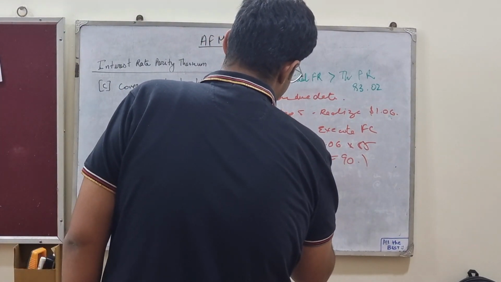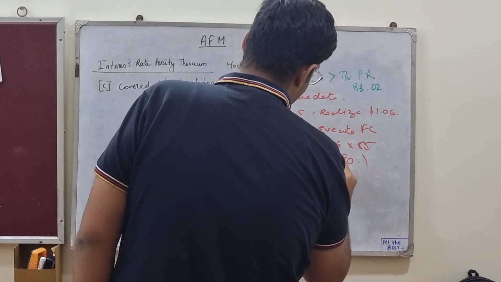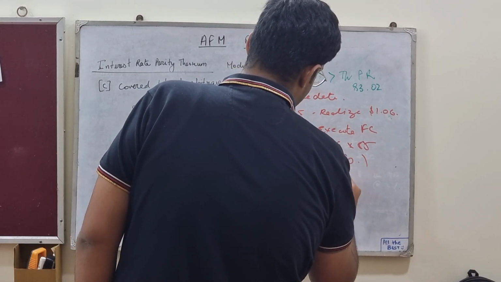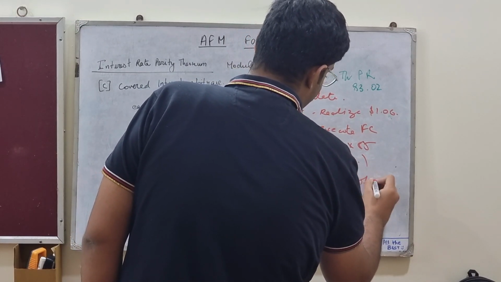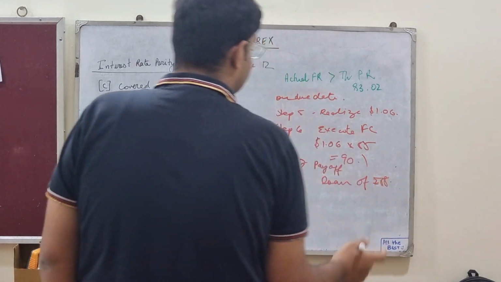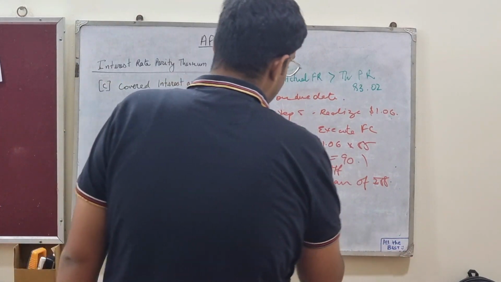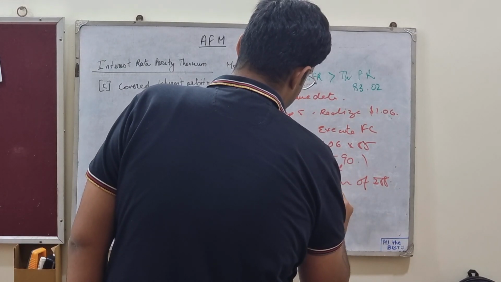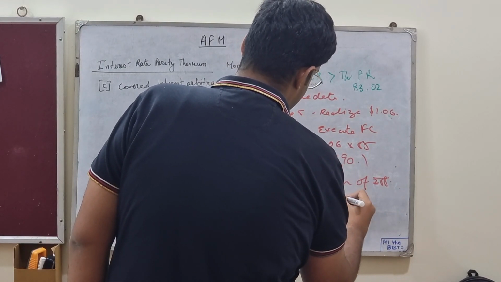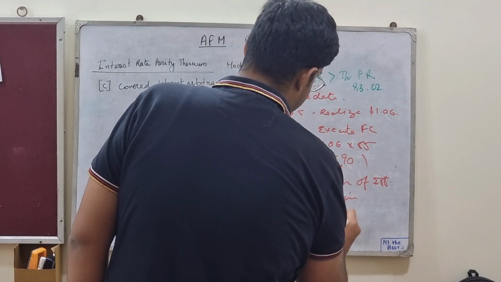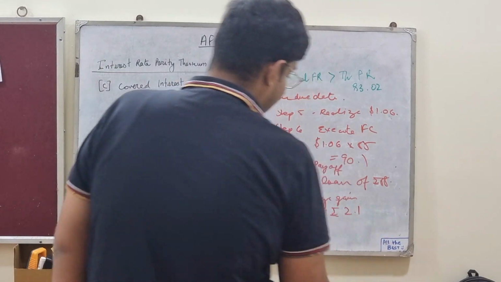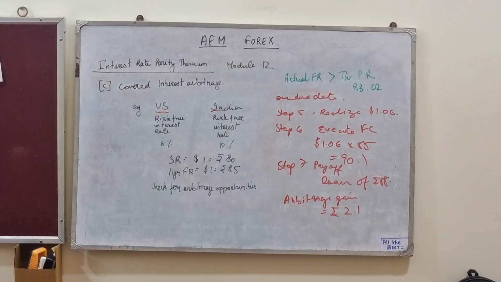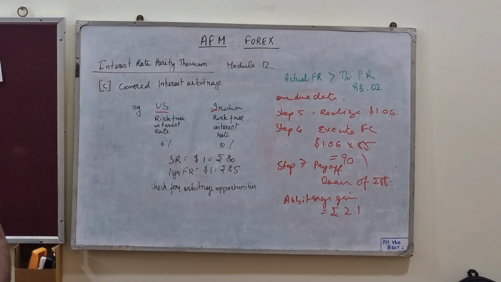Step 7, pay off the loan of rupees 88, because 80 plus 10% interest. So the arbitrage gain is equal to rupees 2.1. That is covered interest arbitrage. Thank you.